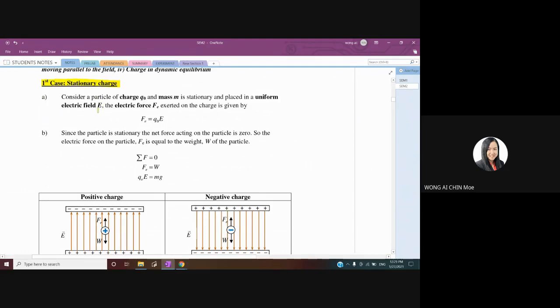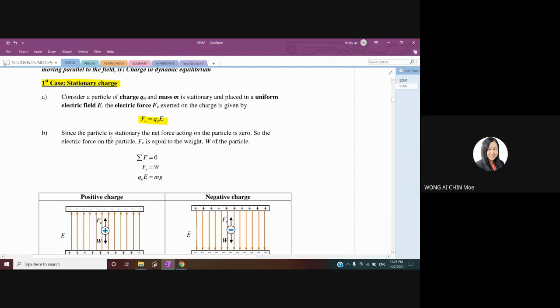Usually a uniform electric field will happen only in a parallel plate. The electric force exerted on the charge is given by F equals to EQ. When we put a test charge into the electric field, it will experience an electrostatic force.